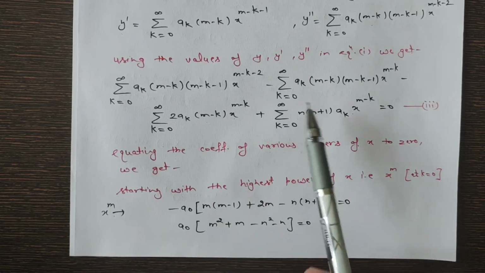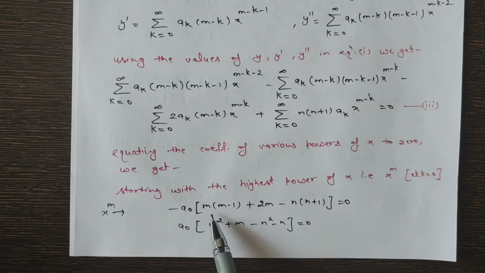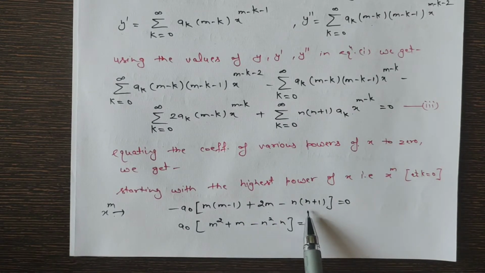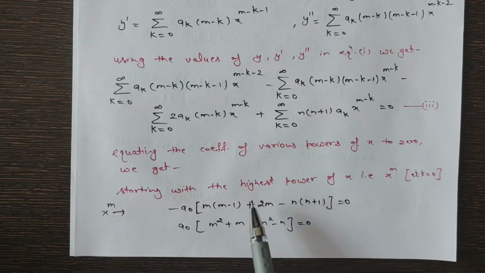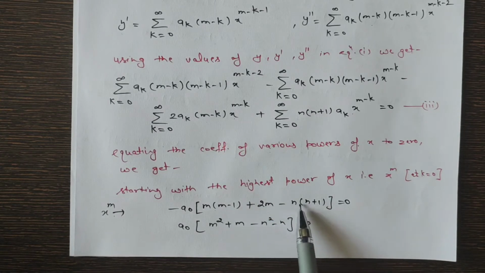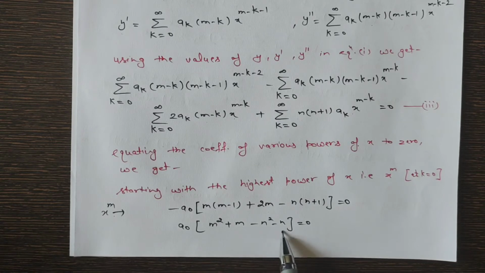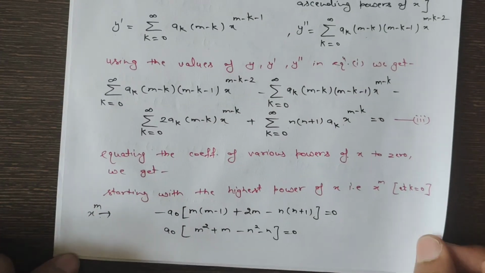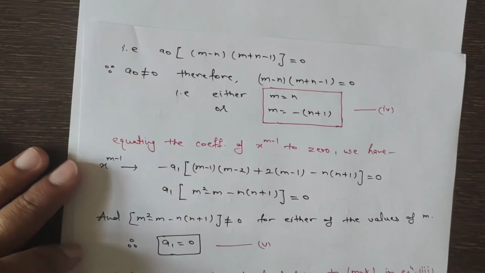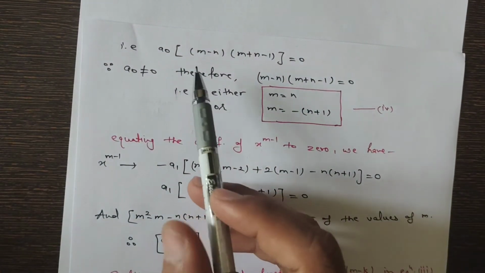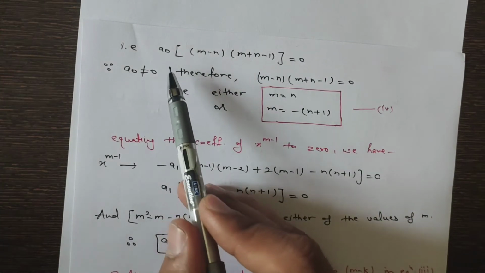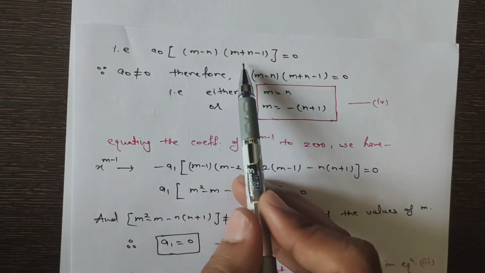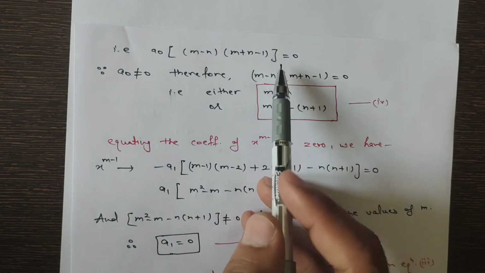that will be minus a naught m into m minus 1 plus 2m minus n into n plus 1 equals 0. Or we can rearrange this equation as a naught into m square plus m minus n square minus n, and we can further solve this to have the root of the initial equation. The equation simplifies to a naught into m minus n, m plus n minus 1 equals 0.